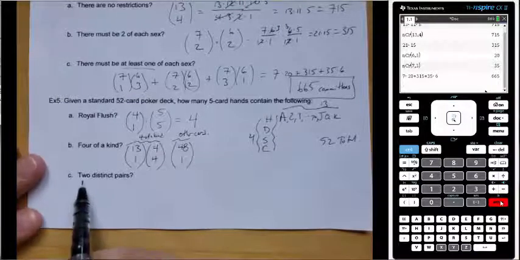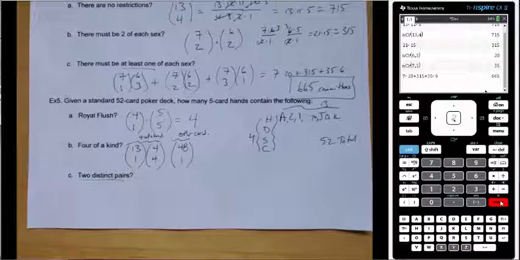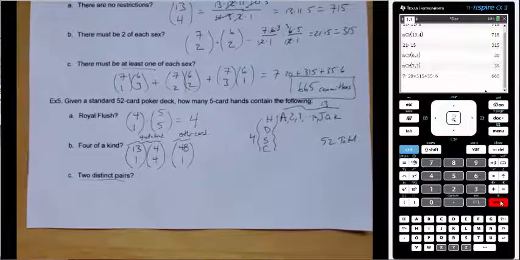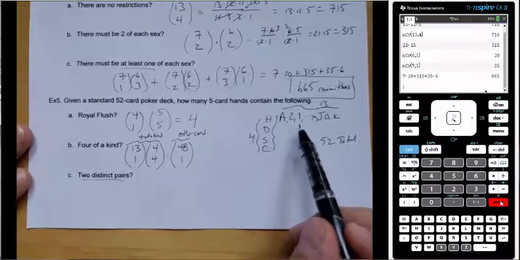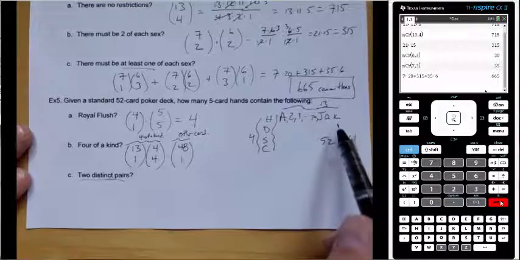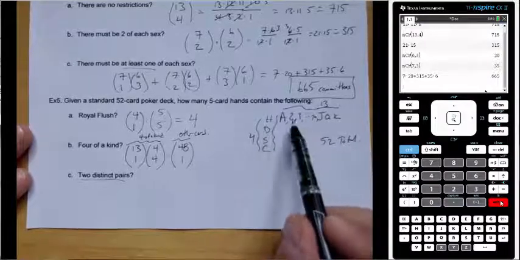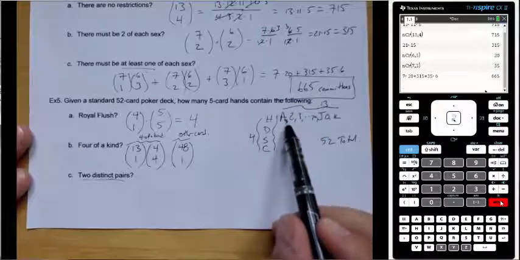Lastly, if we're going to get 2 pairs that are distinct, so not 2 pairs making a 4 of a kind, but 2 different pairs of cards, this is how I think of it. I need to pick the 2 denominations to be the 2 different pairs, and it doesn't matter which order I pick them. If I do 2s, then 10s, that's the same as 10s and 2s.